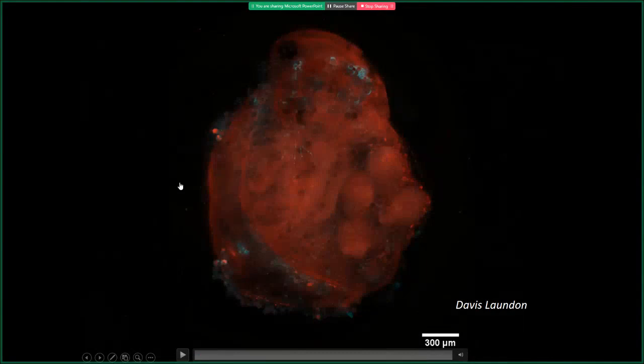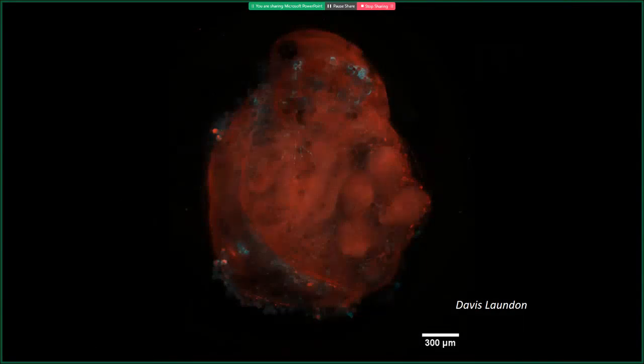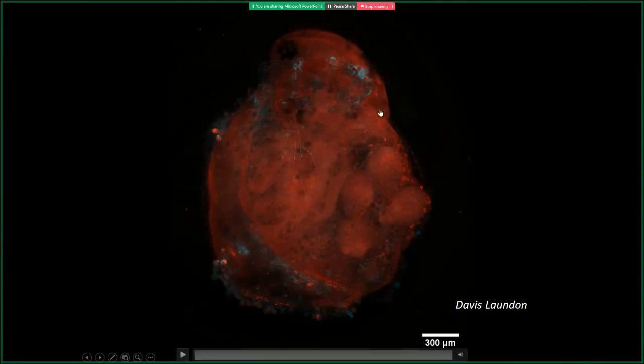And this is another image taken by Davis. It's of a Chytrid fungus growing on a whole Daphnia organism. And this just illustrates the power of the Mesolens to selectively zoom in on particular areas of a very wide field image. So I'm just going to play this video now, and you'll see what I mean.